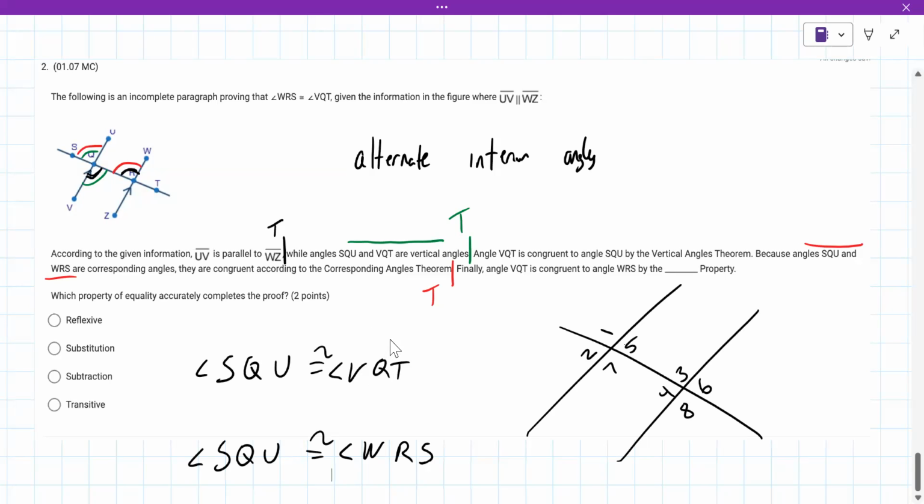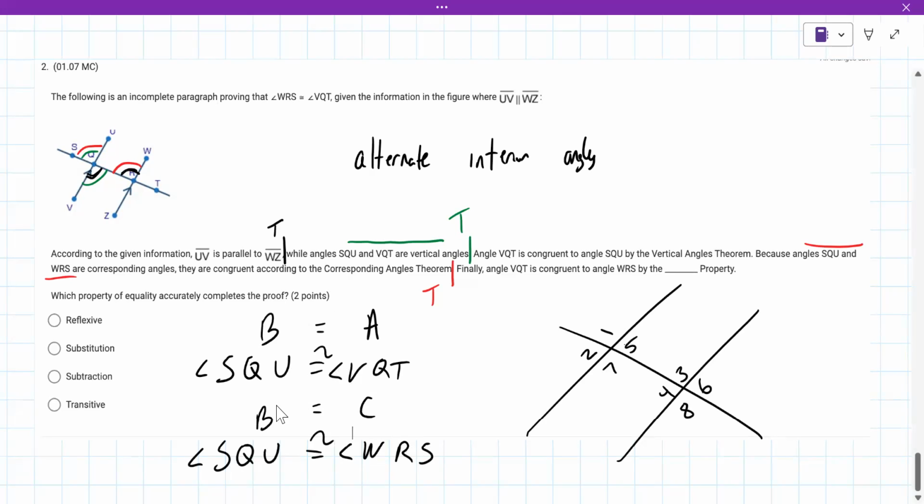Okay, so it's kind of like since A equals B and B equals C, but it can also be the substitution, because you are substituting in for this. I wonder which one they want. Do you see how you are literally substituting this?